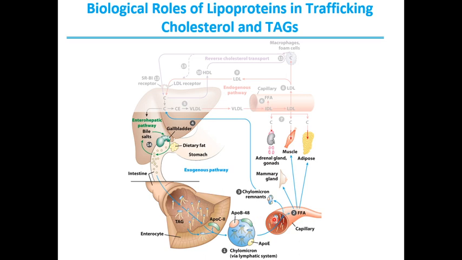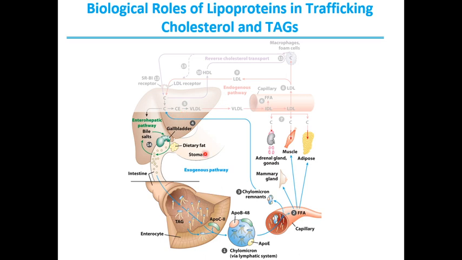The remnants of chylomicrons then move through the bloodstream and enter the liver. Receptors in the liver bind to ApoE in the chylomicron remnants and mediate uptake of these remnants by endocytosis. So remnants of chylomicron enter the liver via endocytosis. In the liver, remnants release their cholesterol and are degraded in lysosomes.